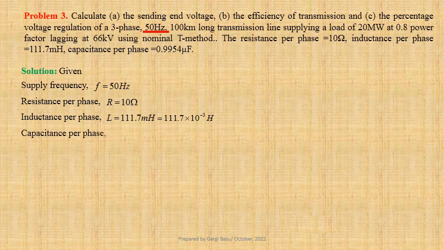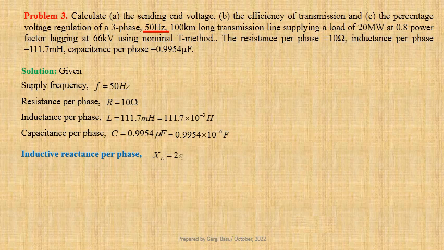Capacitance per phase C equals 0.9954 microfarad, that is equal to 0.9954 into 10 to the power minus 6 farad. Let us now determine inductive reactance per phase.